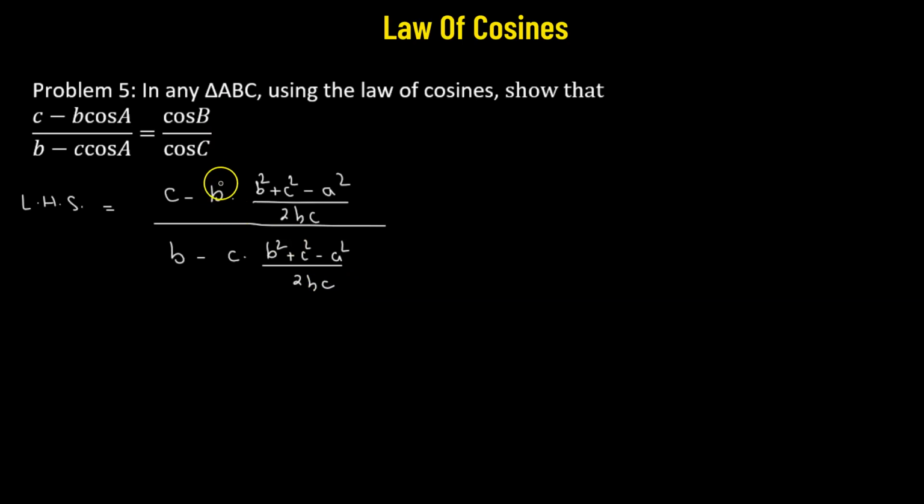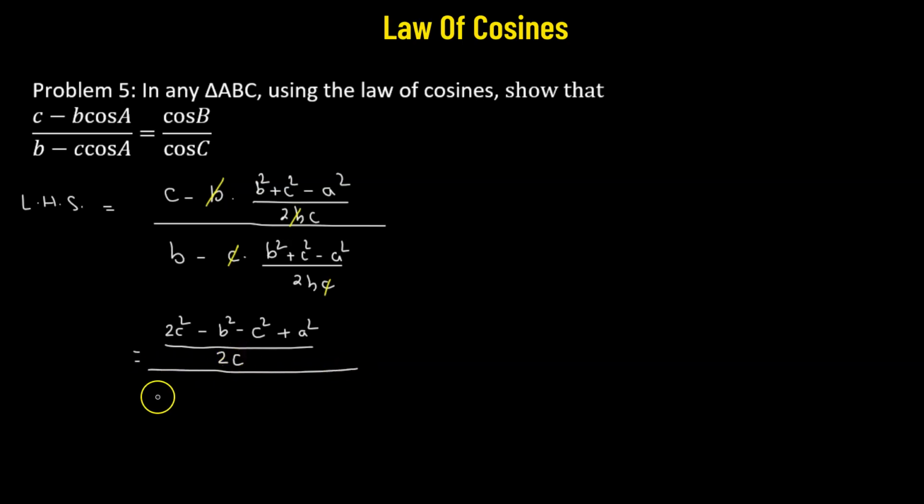Now we can factor out B and C, so we're going to combine the two terms within the numerator. So we have 2C squared minus B squared minus C squared plus A squared, whole divided by 2 times C, whole divided by, we have 2B squared minus B squared minus C squared plus A squared, divided by 2B.